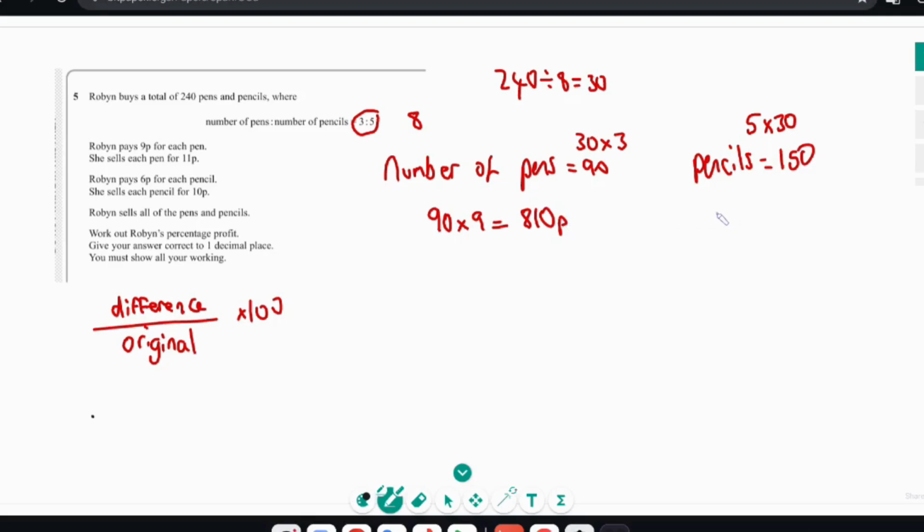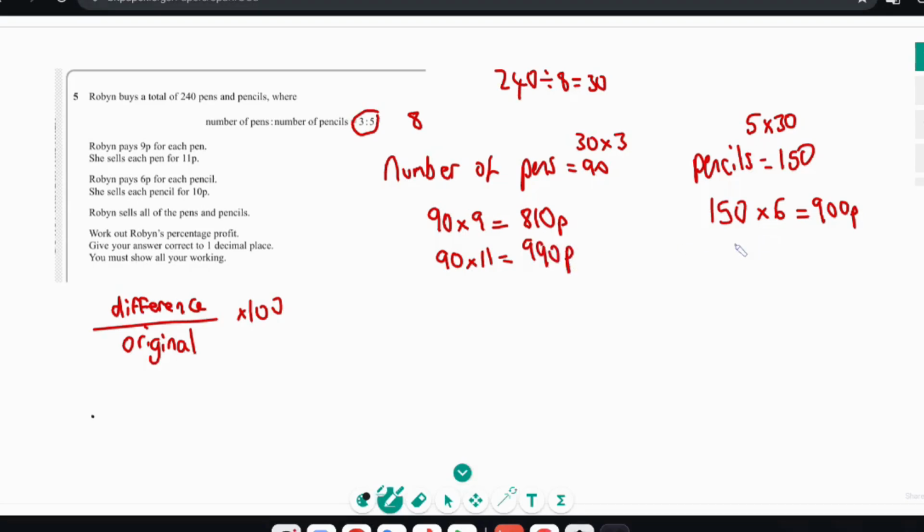Similarly for pencils, 150 times 6 pence, because each pencil is 6 pence, is 900. She sells each pen for 11p, so 90 times 11 is 990p.